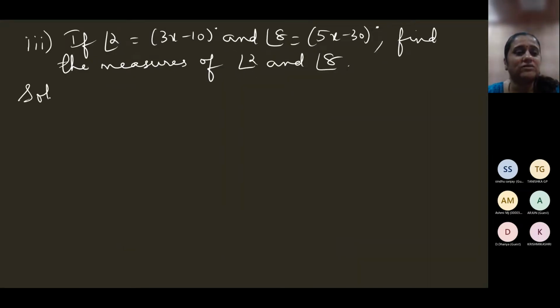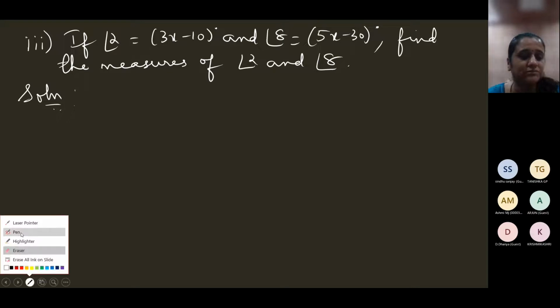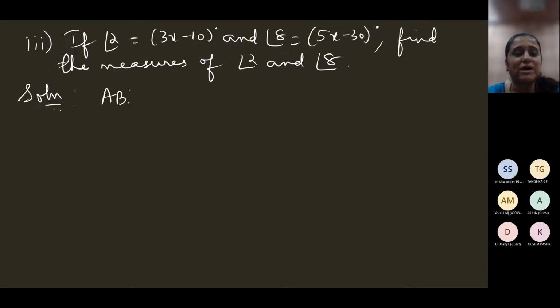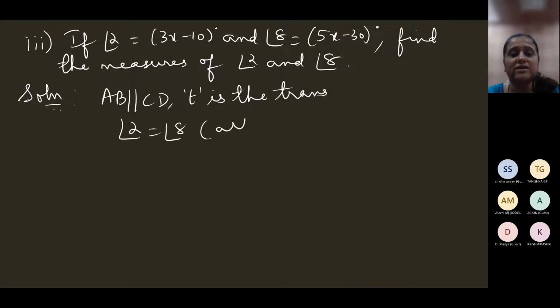So this is the solution. AB is parallel to CD and T is a transversal. Angle 2 is equal to angle 8, because they're alternate exterior angles.